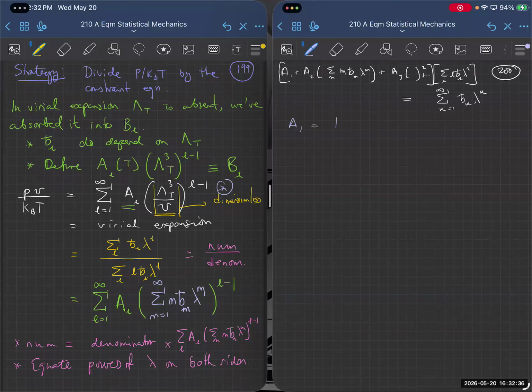A1 is equal to B1, and that turns out to be 1. A2 is equal to minus B2.